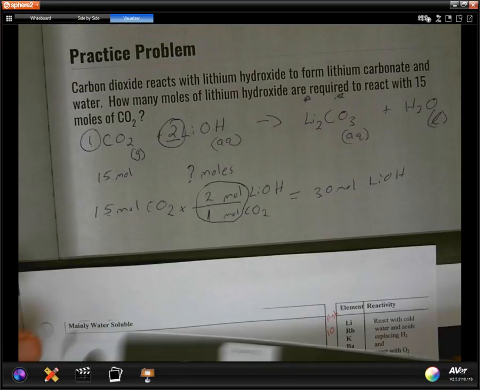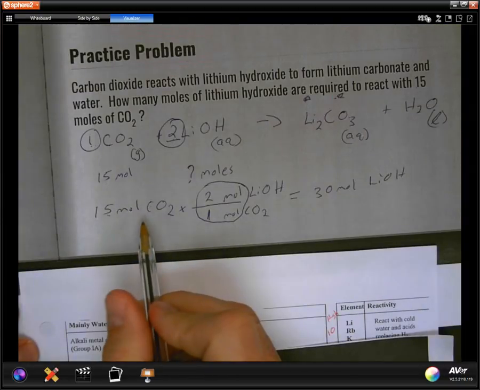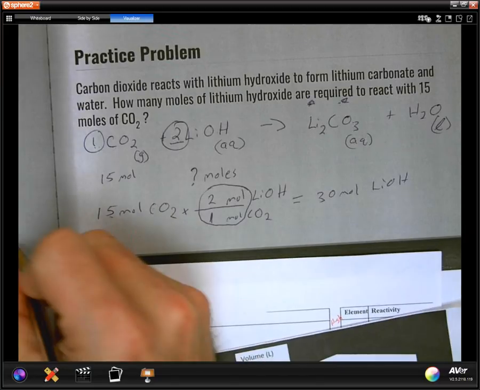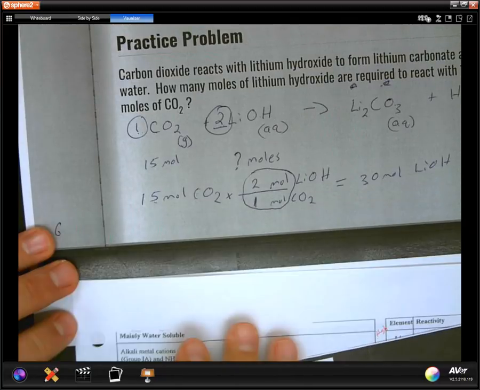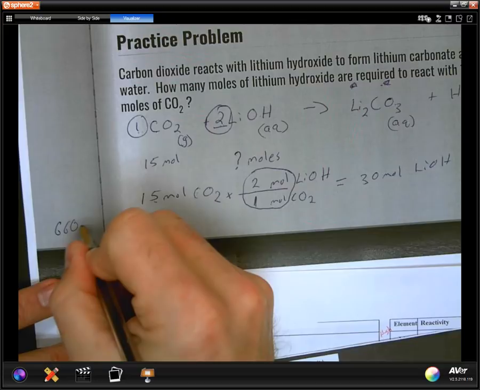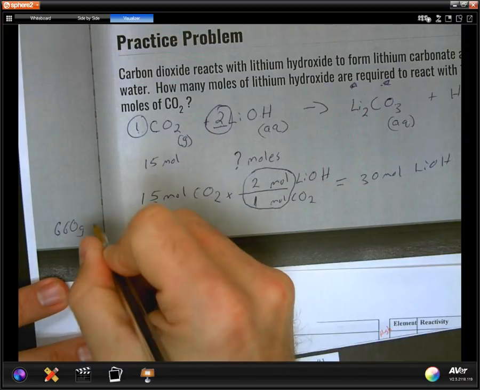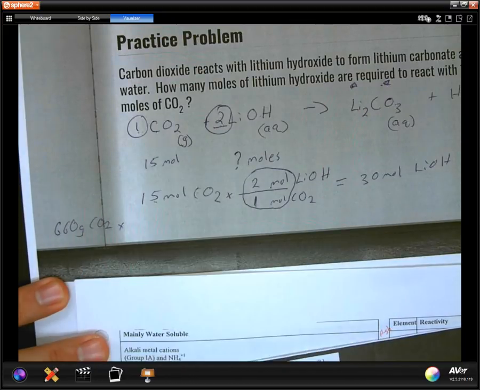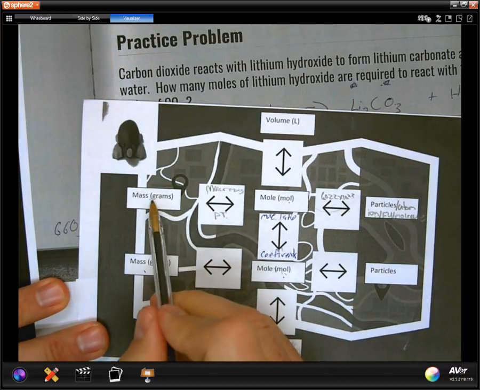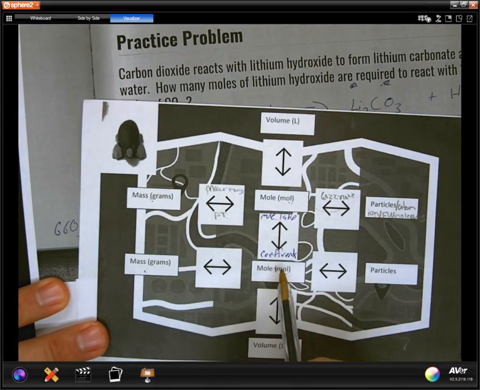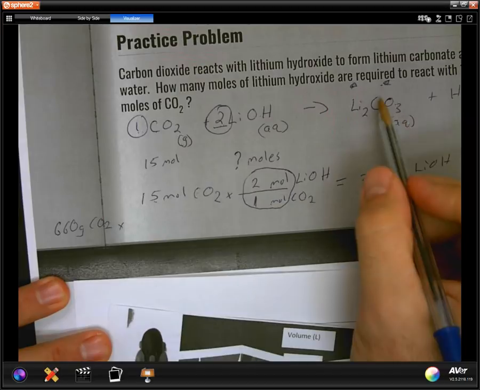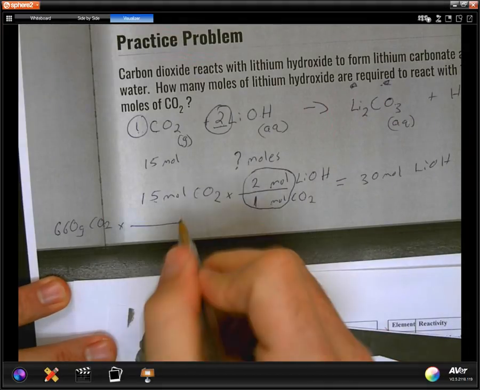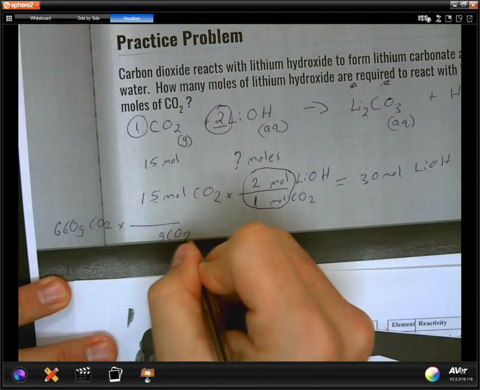So if instead of giving you 15 moles, I said, hey, you have 660 grams of carbon dioxide, we are now going to go from here to here, to here, and then here to here, and end up with grams of lithium hydroxide. So again, you would just follow your units.